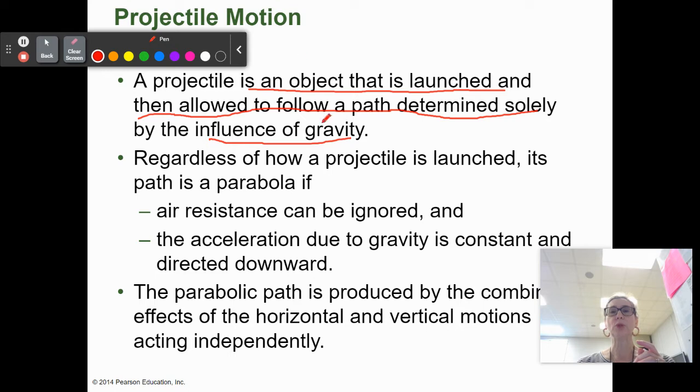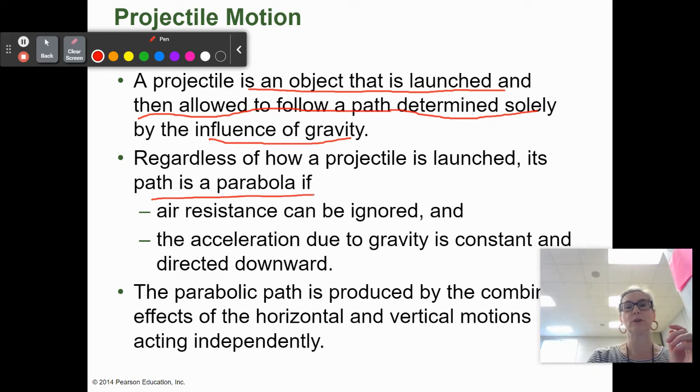So regardless of how the projectile is launched, its path is always a parabola if we ignore air resistance and the acceleration due to gravity is constant and, of course, directed downward because we know gravity is always pulling things downward. Okay.